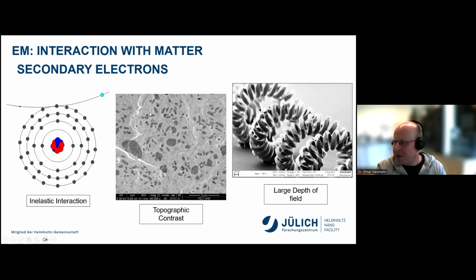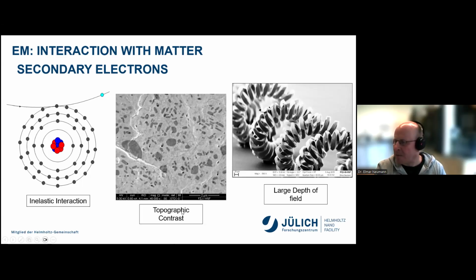Very important in this case is also the effect of edge enhancing. You see here this edge, for example, is glowing quite bright, even though it's supposed to be the same material everywhere. This has to do with the probability for the exit of secondary electrons being far higher at these edges compared to the flat material.